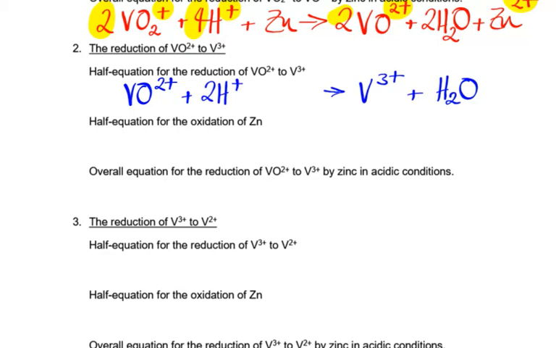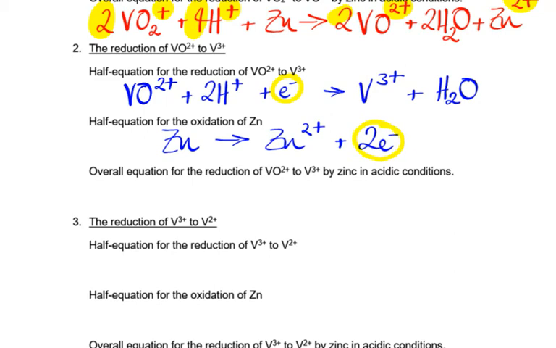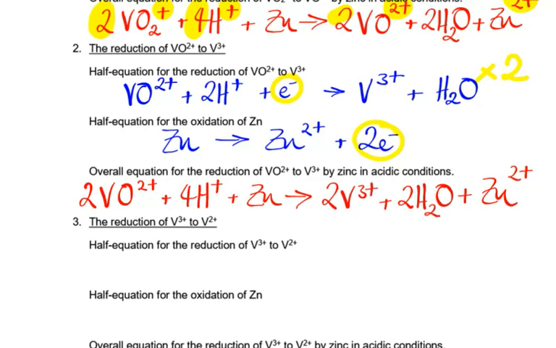I've got charge of 4 plus on the left, 3 plus on the right, which means I just need 1 electron on the left. My zinc, exactly the same as before, and again I need to multiply my vanadium equation through by 2, and we should get that. Again, check the charge, 8 plus on each side.